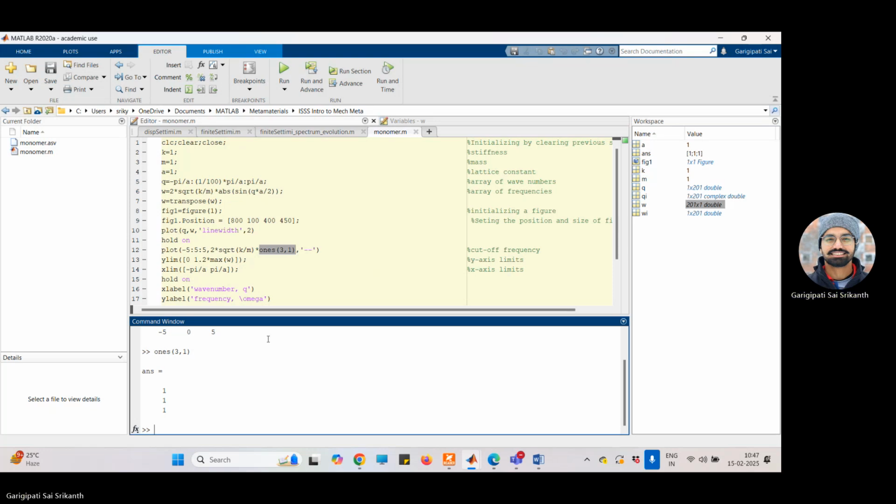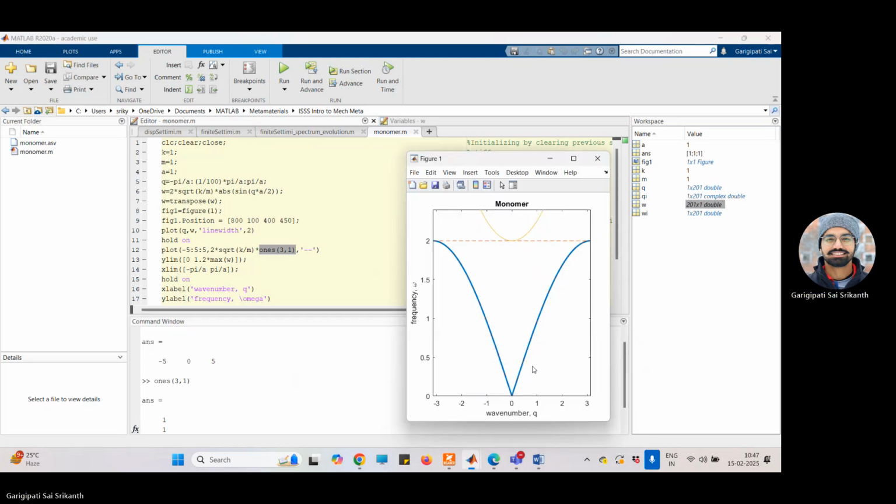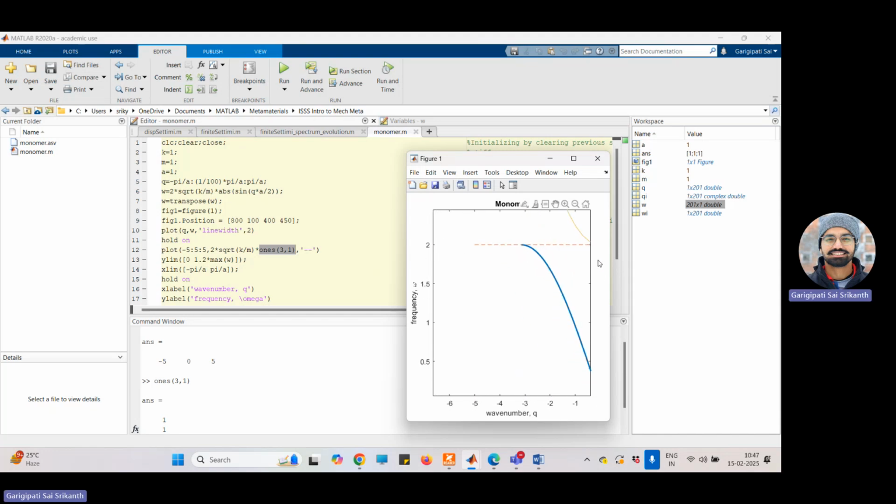So, right, this is going to be -5 to 5. Why did I choose -5 to 5? You see, the plot is going from minus pi to pi. I just want to ensure that this dotted dashed line goes beyond it, doesn't abruptly end. So we see it goes from -5 to 5.